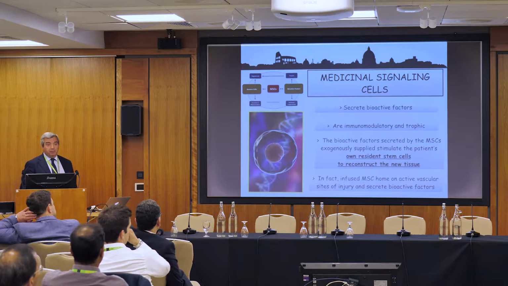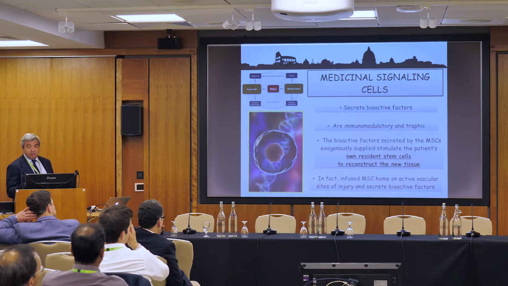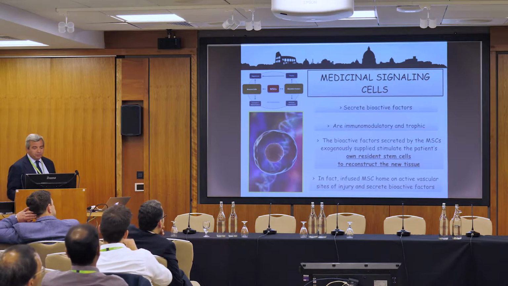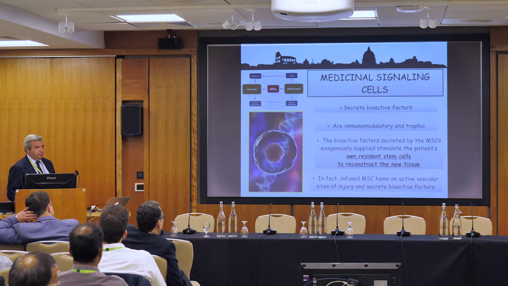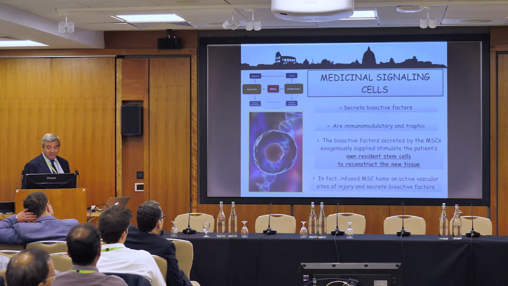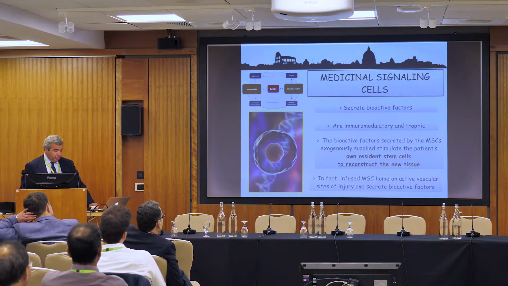And these medicinal signaling cells secrete bioactive factors, are immunomodulatory and trophic, and the factors that have been secreted activate all resident stem cells to reconstruct the new tissue. This is the new paradigm from Kaplan. In fact, the infused MSCs home on active vascular sites of injury and secrete bioactive factors.